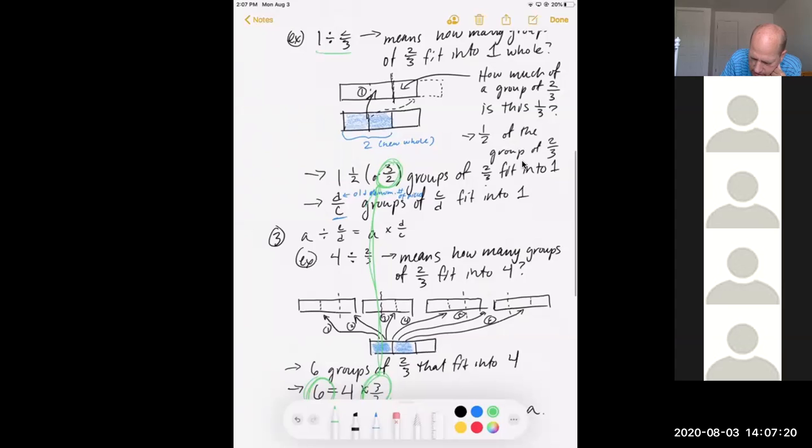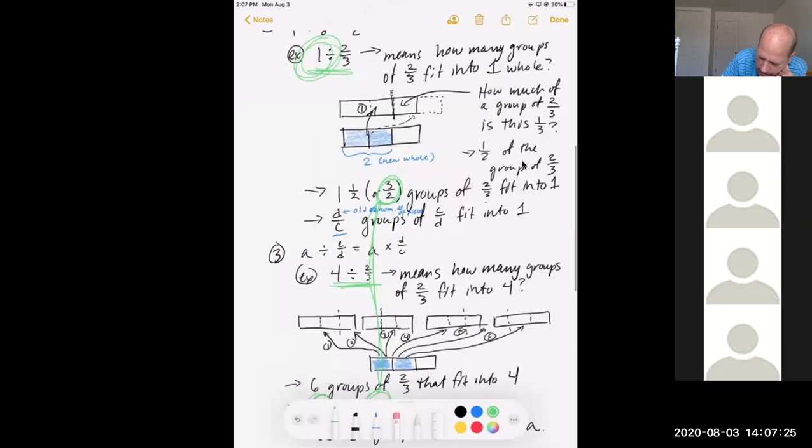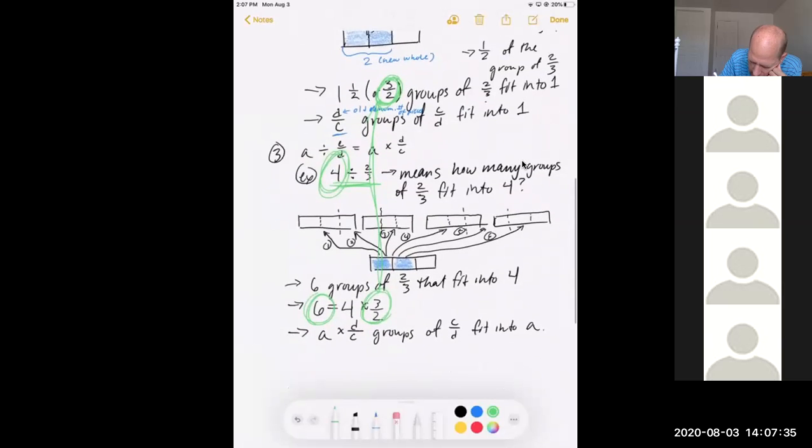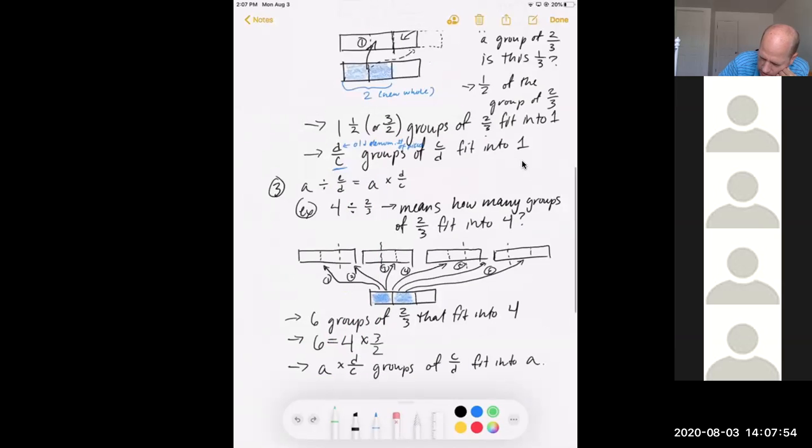So notice that we used to have 1 here, now we have 4 here. And the answer is actually 4 times the amount of my answer here. So 3 halves is the answer to the first one, and this answer is 6, but it's 4 times the amount. So that's why A times D over C is the amount that fits into A. And so that's a good connection there.